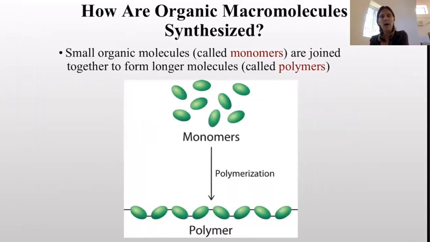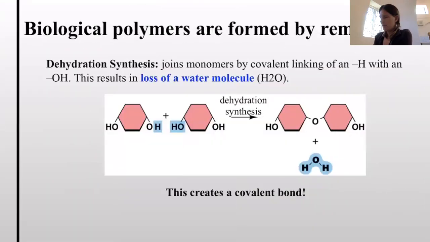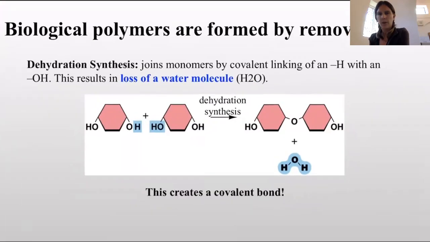So how are organic molecules made, or synthesized? Biological molecules are made from smaller components. These small organic molecules are called monomers. Monomers come together to form polymers, and they do that in a very specific way. Biological polymers are formed by the removal of water.